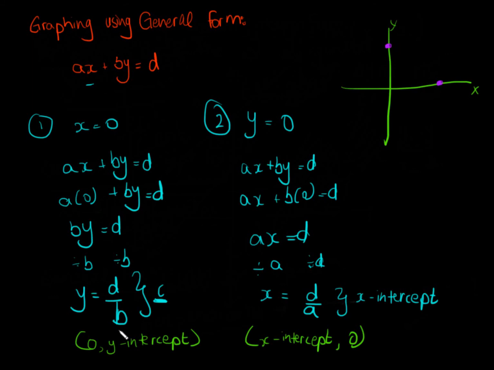This point is 0, comma the y-intercept, at x equals 0, and here, when x equals the x-intercept, y equals 0. Now we can just join these 2 points, and that allows us to plot a graph using the general form. We just extend the line in both directions, and that is our line here.